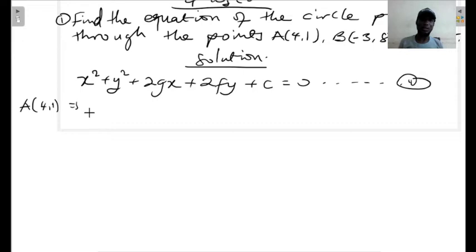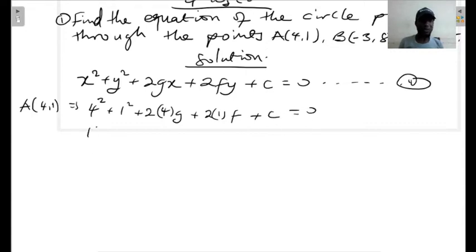So we have 4 squared plus 1 squared plus 2 times 4g plus 2 times 1f plus c equals 0.